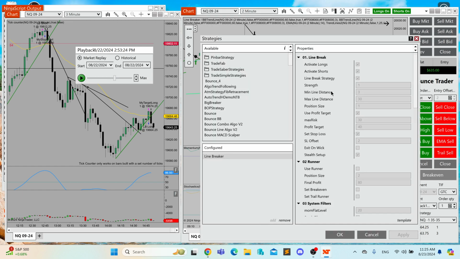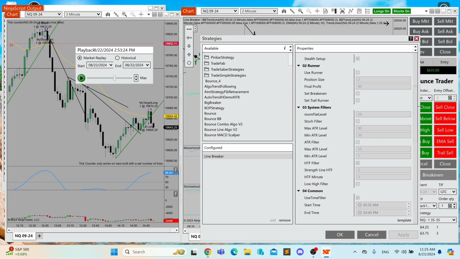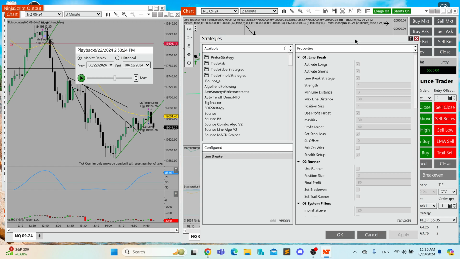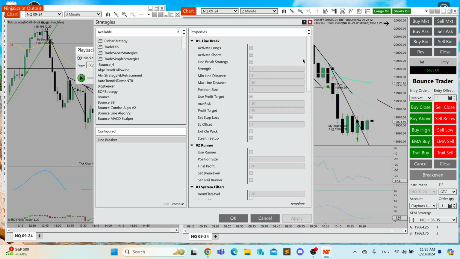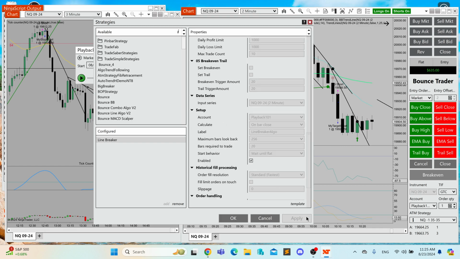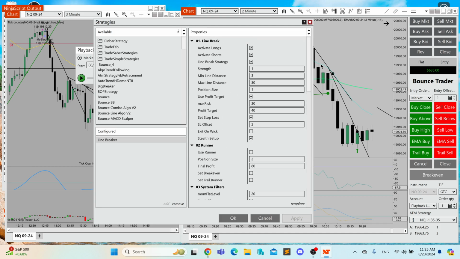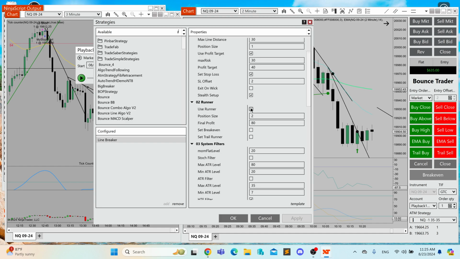And you are also able to use a runner. That would be two trades, so you may enter more positions. You would set the position size here, then you would use runner and position size 1, and I'm targeting a higher profit target.